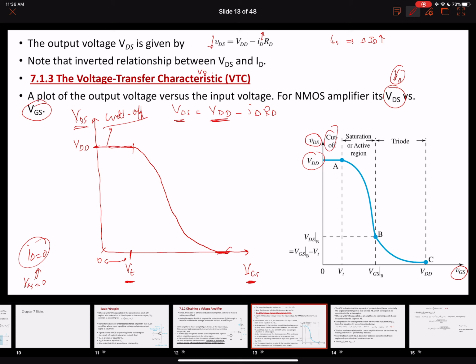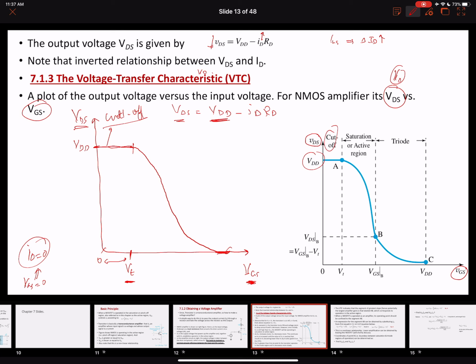Now we know that once the gate to source voltage becomes greater than the threshold voltage, it can be operated in two different regions. One is the active region, or the saturation region. The second one is called the triode region. So in this going down curve from VDD to 0, which one is the saturation? How do we identify the saturation region and the triode region?